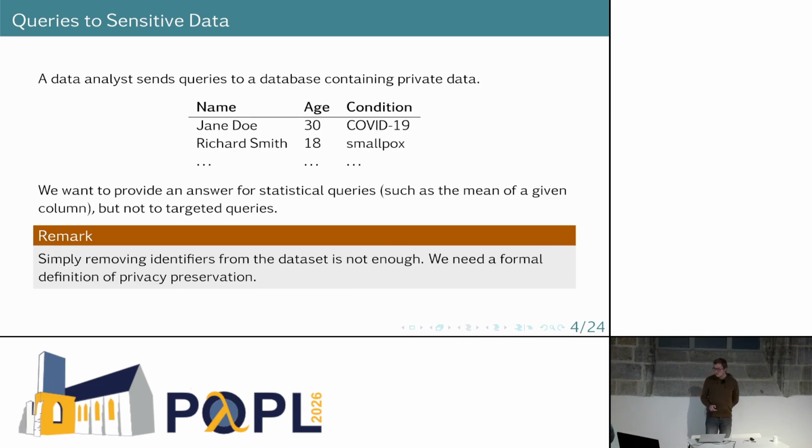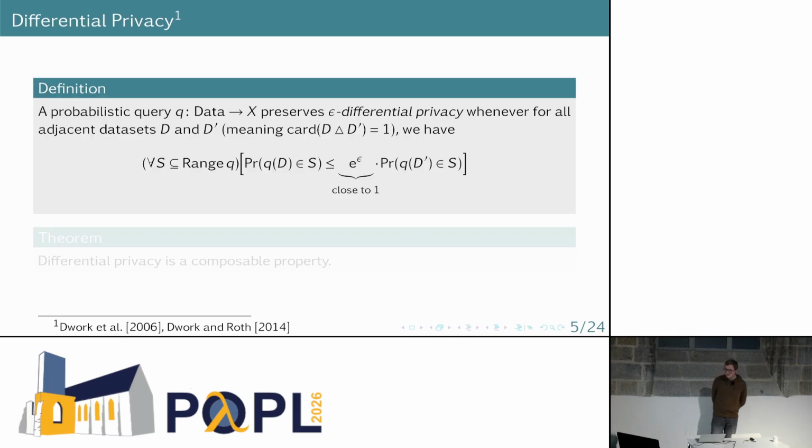So instead, we would like to have a formal definition. And the most popular one is the following. It's differential privacy. The main idea is that the result of a query should be roughly the same for D and D prime, being two databases that differ by only the presence or absence of a single individual.